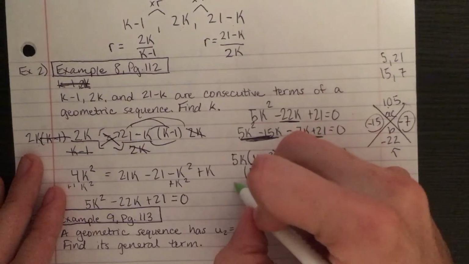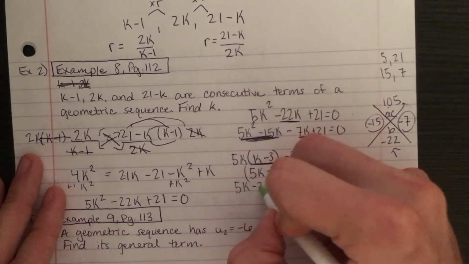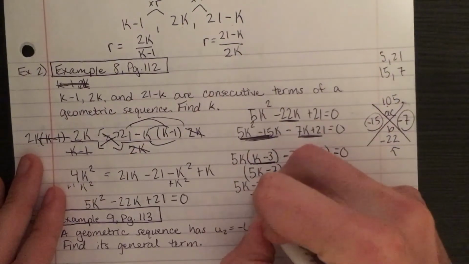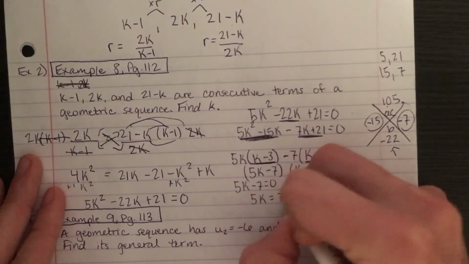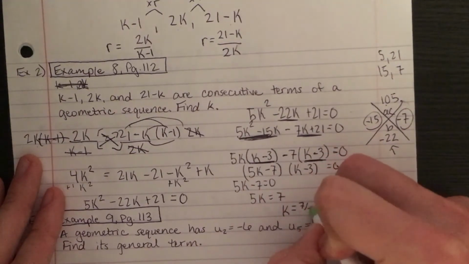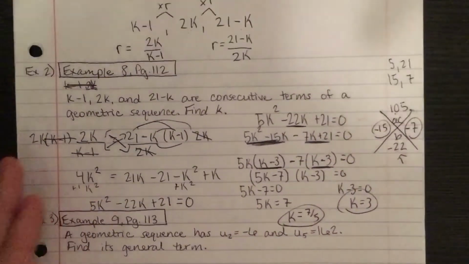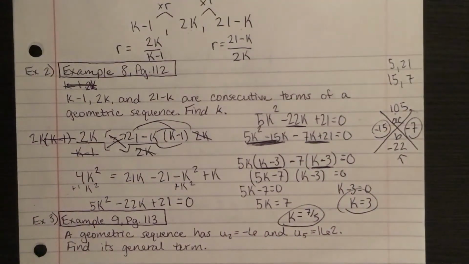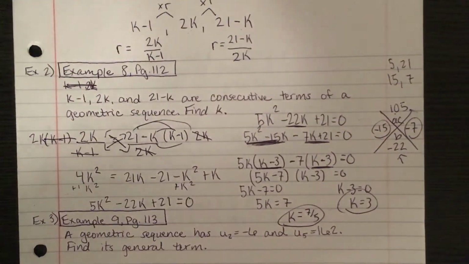And then the other value, we're going to set 5k minus 7 equals 0. So that means 5k equals 7. So then that means that k is going to equal 7/5.